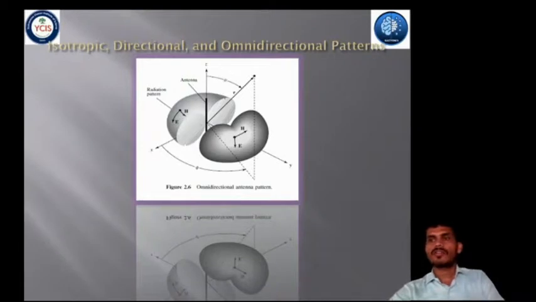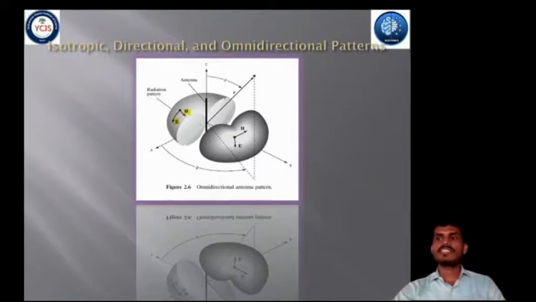According to this diagram we can calculate the principal patterns of that particular omnidirectional antenna. For a linearly polarized antenna, performance is described in terms of the principal E and H plane patterns, that means electric field and magnetic field.